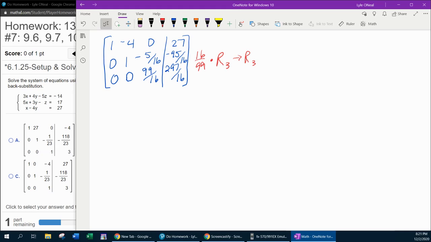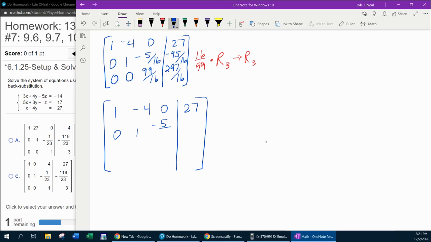And so this time rows 1 and 2 are not going to change. So we're going to copy and paste the first 2 rows. And now to execute the row operation, we're going to multiply every element in row 3 by 16/99.